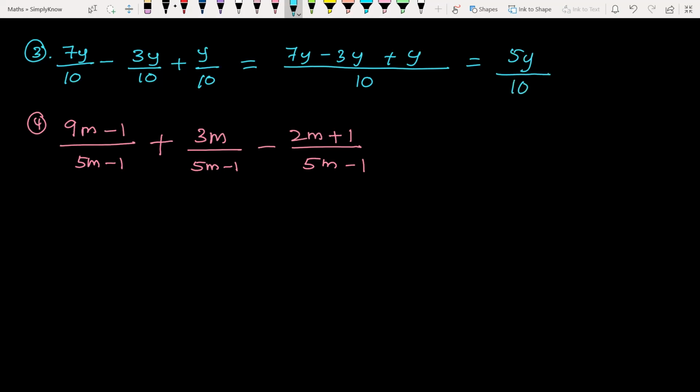Can we further simplify this answer? Yes, of course. 5y and 10, is there a highest common factor? Yes, it's 5. 5y divided by 5 is y. 10 divided by 5 is 2. So we have kept our answer in its simplest form.